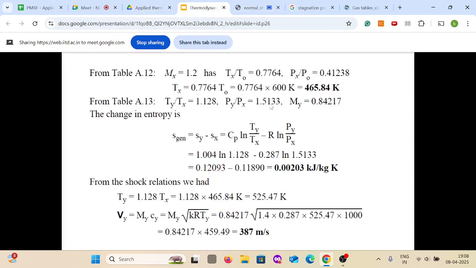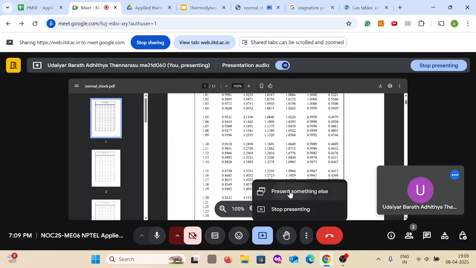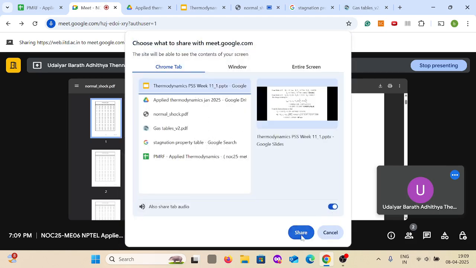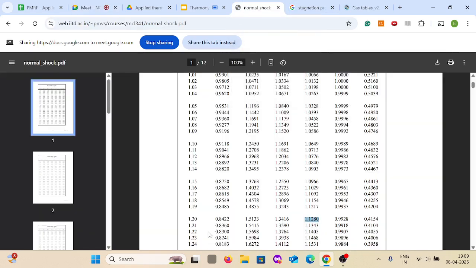So 1.5133 and 1.128, that's what we got from the table. And your Mach number downstream will be 0.8422.